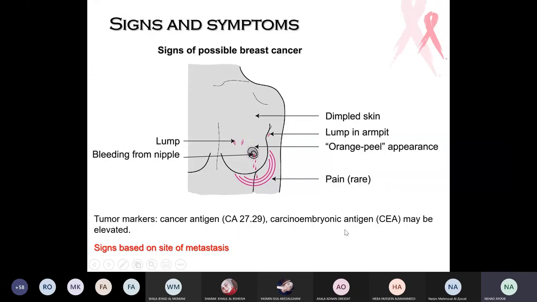These could be elevated. Now, if these two are not elevated, this does not rule out malignancy, okay? When we talk about diagnosis of breast cancer, the patient comes with a clinical presentation or symptom suggestive of breast cancer. The definitive diagnosis comes when we take a biopsy of the mass and then check it in pathology whether this is neoplastic or not, okay?